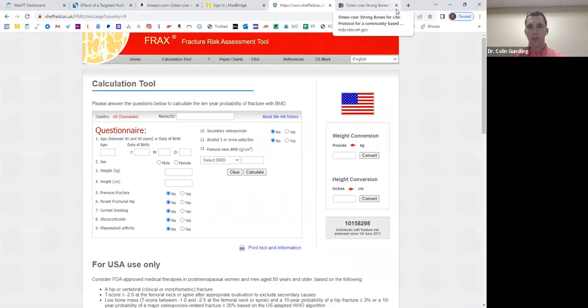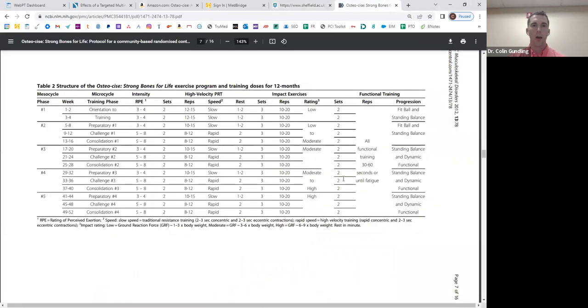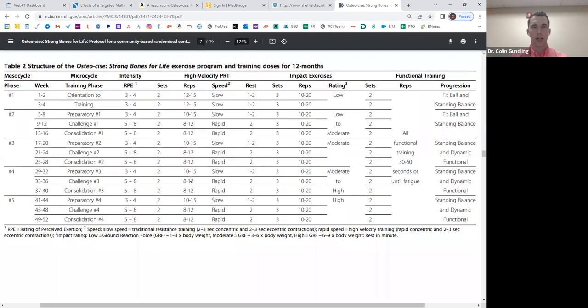Okay. So this is a program that was put together as a protocol for a trial that was done. And this table here illustrates the progressive nature of a strength training program.